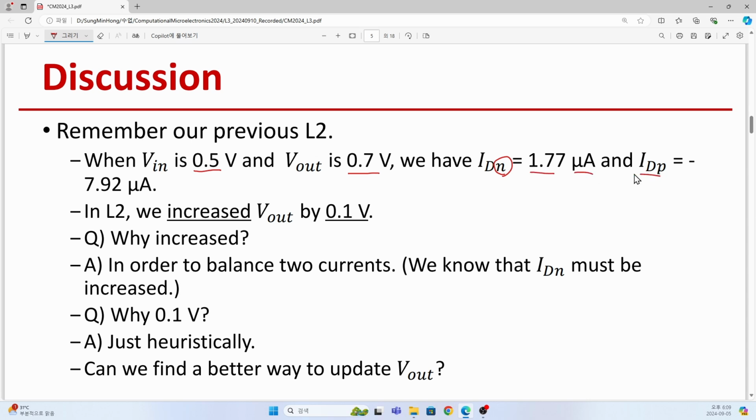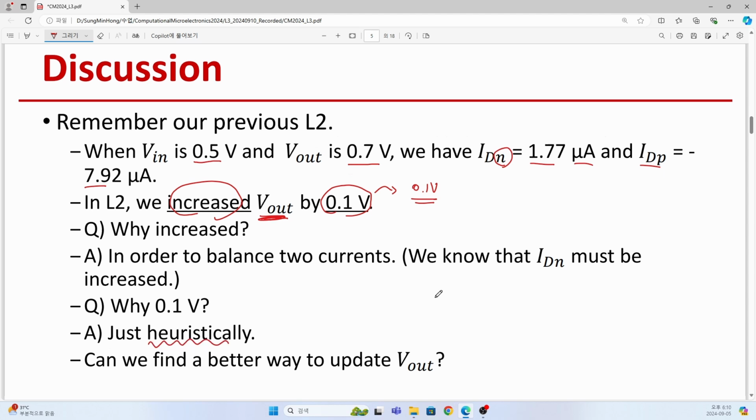However, PMOSFET current was minus 7.9 microamp. Certainly, NMOSFET current is much weaker than PMOSFET current. So we have to increase our V out value. This is the right direction. However, by an amount of 0.1 volt. Why 0.1 volt? This was just a heuristic.